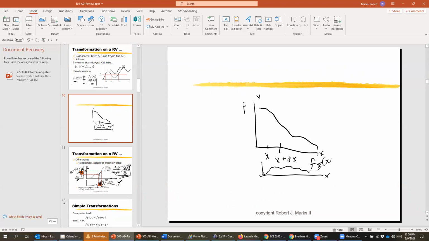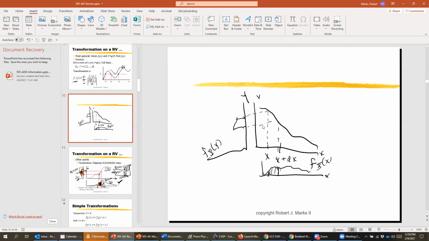This is going to map, if we turn sideways here and put a y up here and an f sub y of y here, we want to bounce this off the curve here. And we want to make sure this probability mass is exactly the same as the probability mass down here.